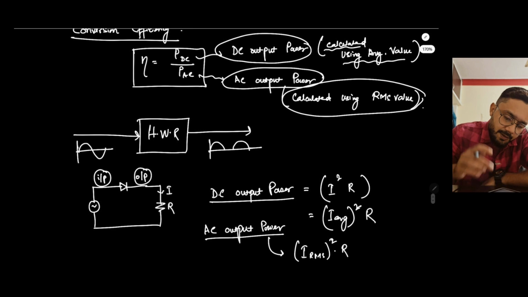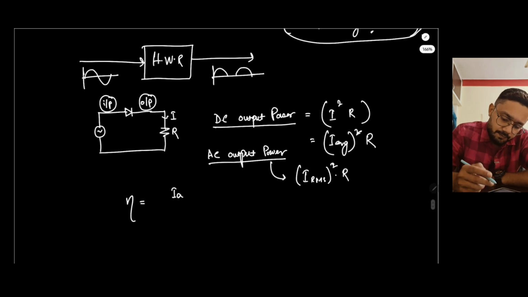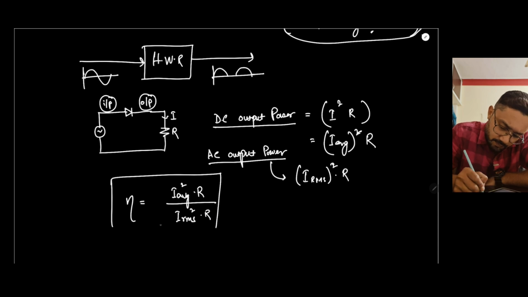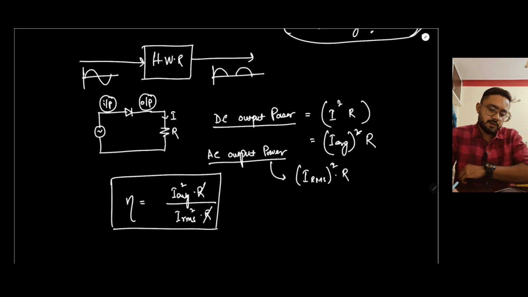It's P dc by P ac, and this is the I average square R, and this will be the I RMS square R. Okay, R will get cancelled.